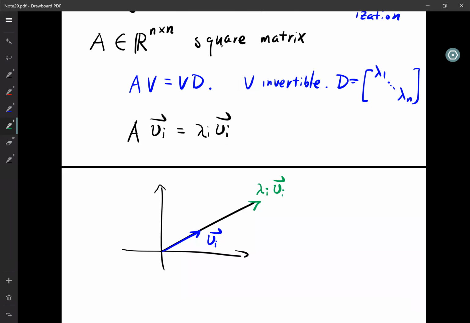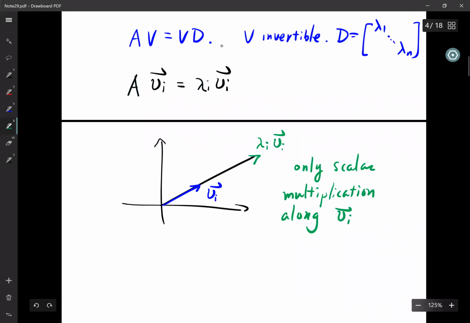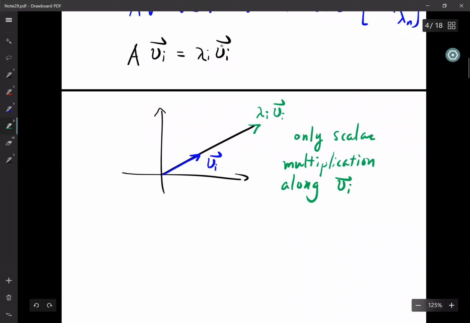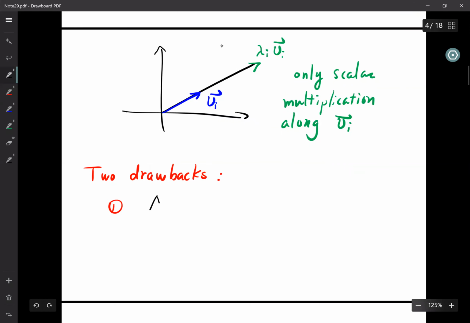So it's only scalar multiplication, but along the direction v_i. So obviously there are two drawbacks. One is that even if A is a square matrix, it may not be diagonalizable.